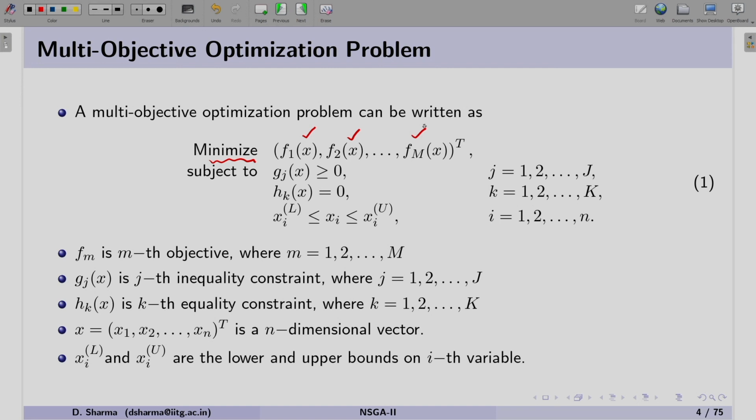All these objectives are conflicting in nature, and this problem is subjected to various constraints such as inequality constraints, equality constraints, and the variable bounds. Here we have a vector of m conflicting objectives, and we also have a vector of the decision variables.